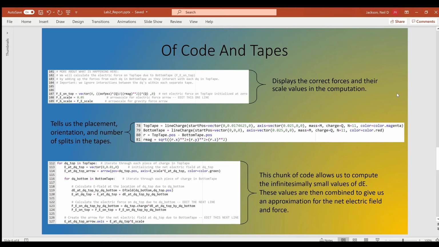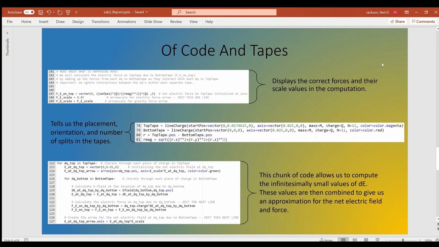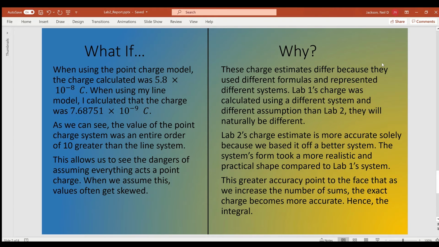To take a look at my code, you can see I have some brief sections here that generally tell us everything we need to know about what the code does, how I coded it, and how it makes the model presented here. So to move on to the what if and why questions.